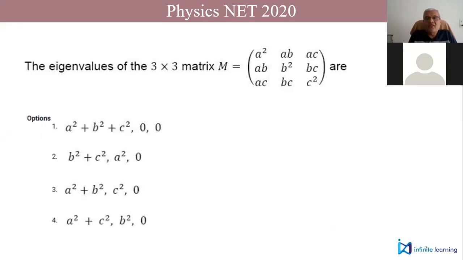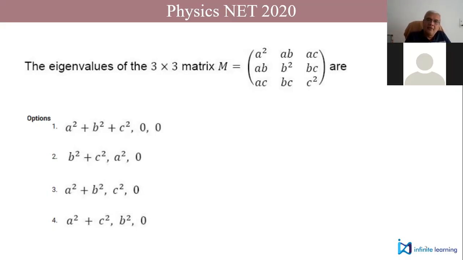If I go directly from the matrix and the matrix property, then I would like to choose option A, because the eigenvalues sum to the trace of the matrix, and here the trace is a square plus b square plus c square.